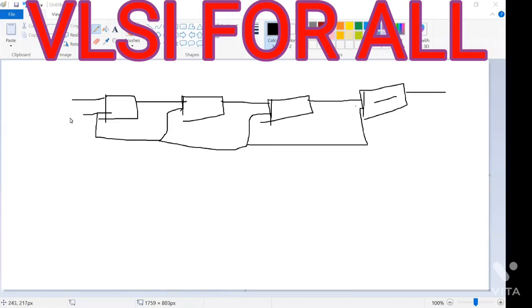So this is the clock. So the problem, as I mentioned, let's say you are applying data D. The clock looks like this.